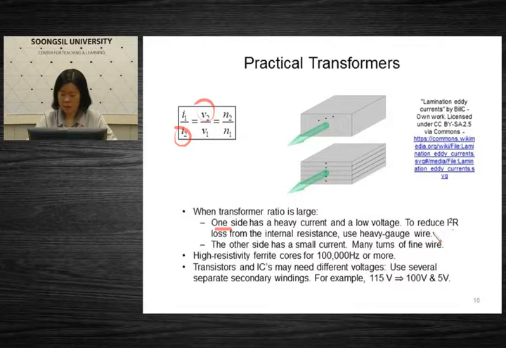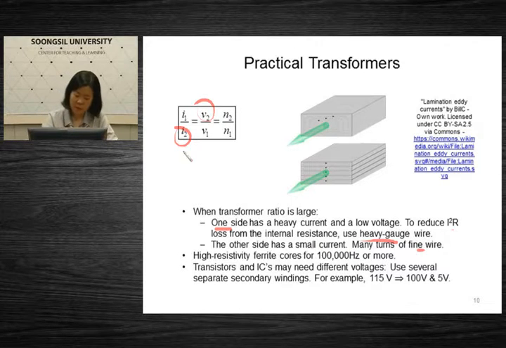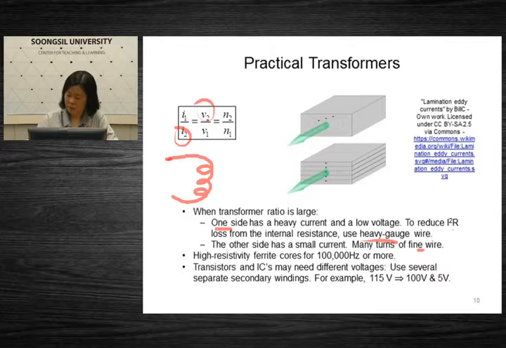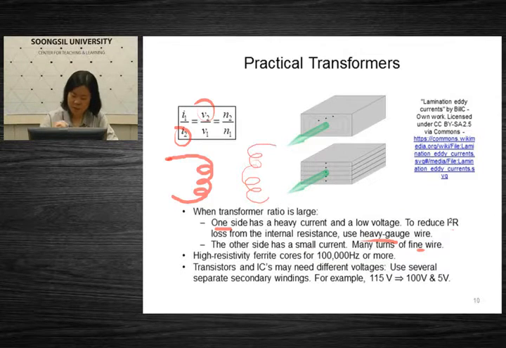So to reduce the IR loss, we may have to use heavy gauge or thick wire. The other side has small current, so it can have fine wire. So one side of the circuit consists of thick wire, and the other side consists of thin wire with many turns.